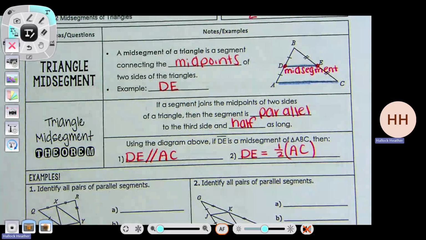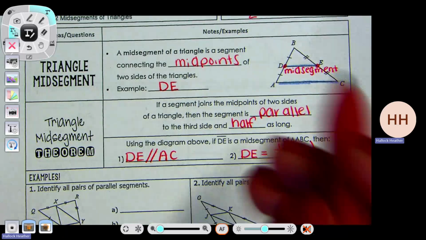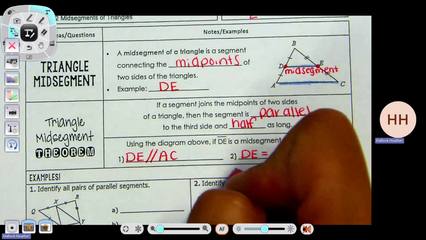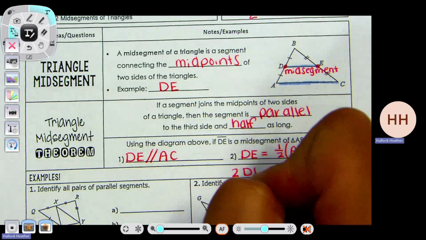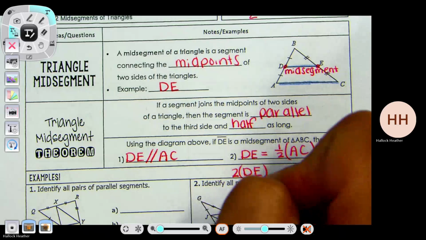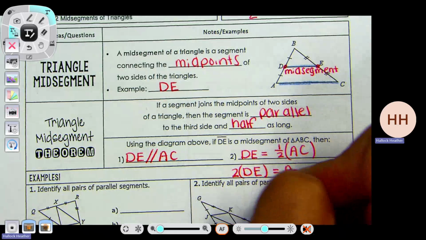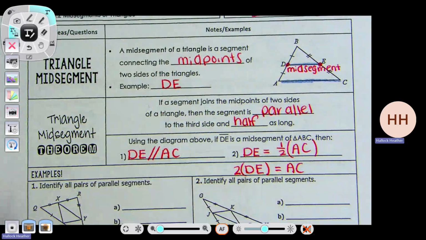You would cut it in half. Using the opposite math, we could say that 2 times DE equals AC. So whatever your brain is thinking, you can either multiply by 2 to go out, or if you're given the outside, you can cut it in half to go in, because cutting in half and doubling are basically flip-flopping, going the opposite direction.